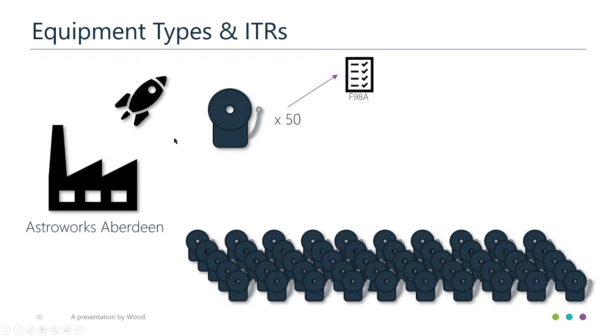We are going to have an F98A, an F99A, and F99B. But we don't want to have to go and add all 3 of these to all 50 of these, because that'd be very time consuming. Going and doing each individual one, going into every single tag and adding this.